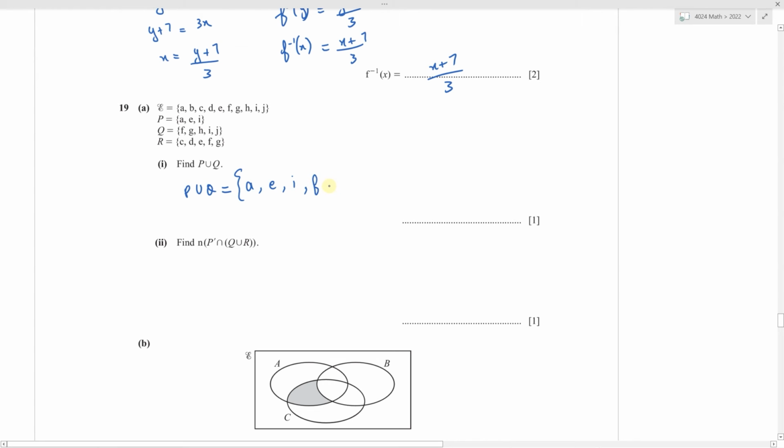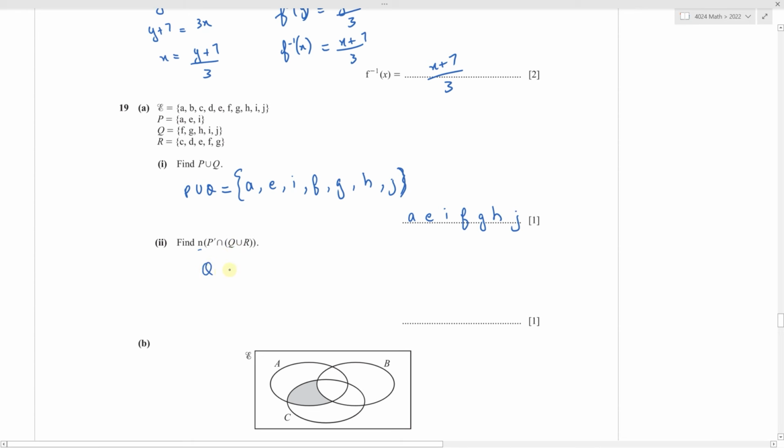F, G, H, I have already written, so J. So P union Q will be A, E, I, F, G, H, and J. Find the number of elements in this.